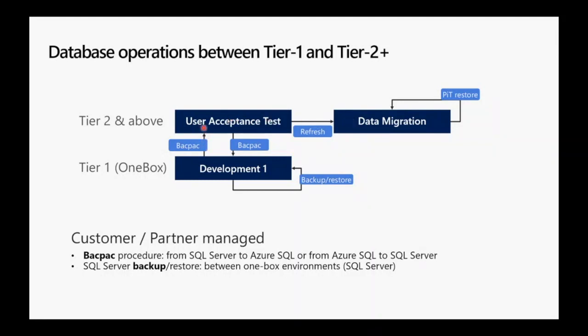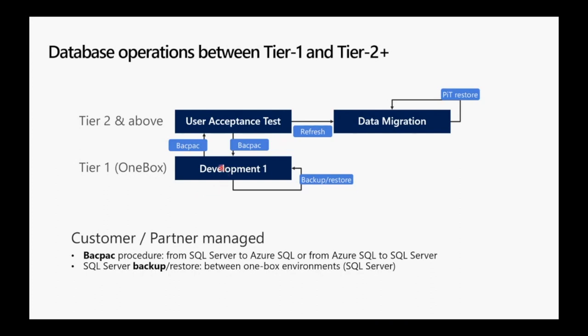We discussed already that there is a possibility for creating a backpack from a tier 2 environment. But if we're talking about the tier 1 or the one box typically used for development, and in some cases people are using them as golden configuration as well, you need to understand that Microsoft is not doing any execution on the tier 1s.